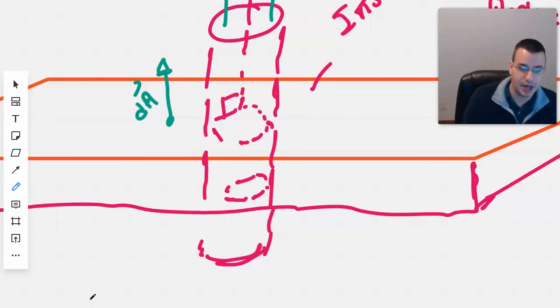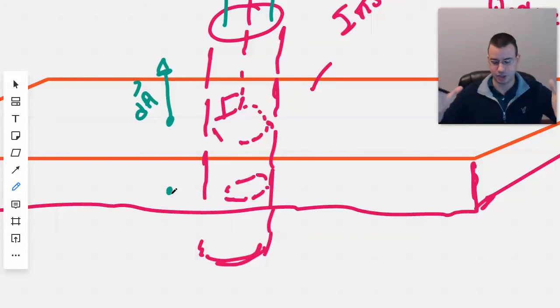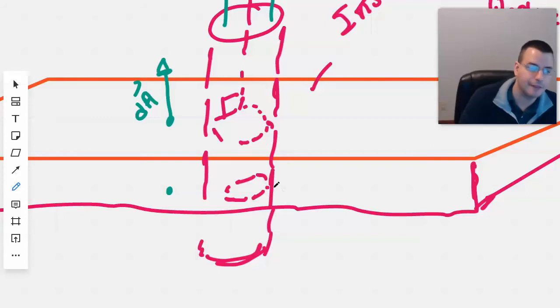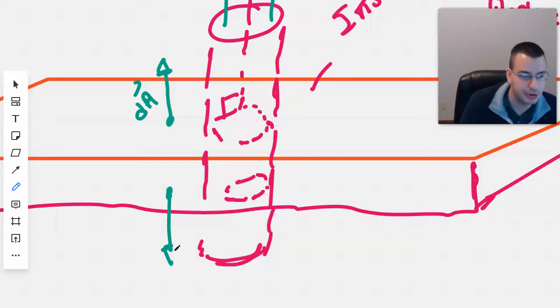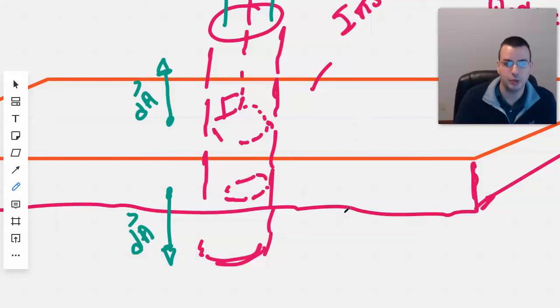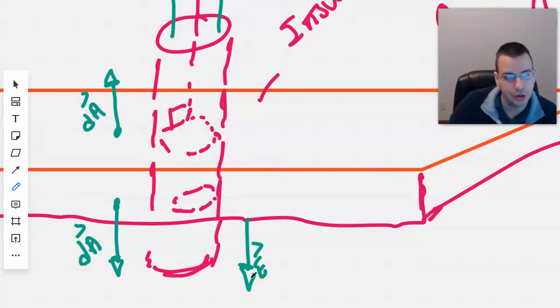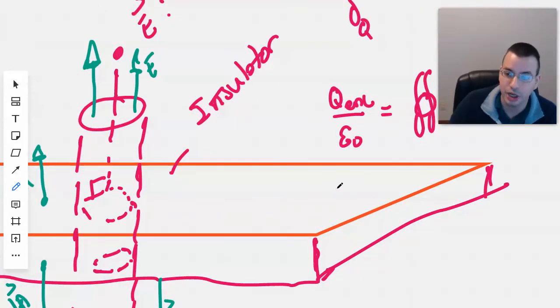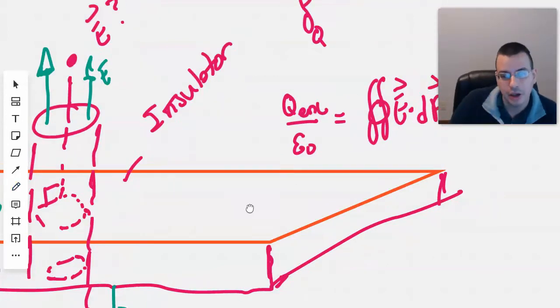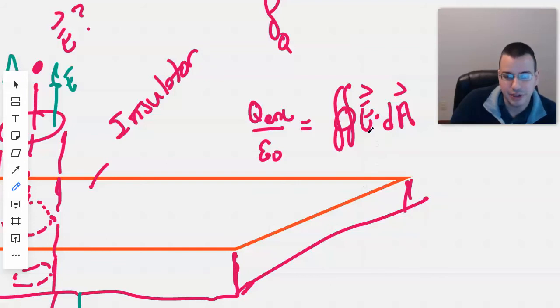Now if you look at the bottom side, since this is a closed shape, Gaussian shapes are closed, the area for this one is going to be pointing downward, but using the same logic as before with the upside, we can say with the downside, the electric field is going straight down. So, okay. Let's look at this. I'm only going to focus on the top, and then at the end I'll say we can say the same for the bottom. So, let's see here. Electric field.